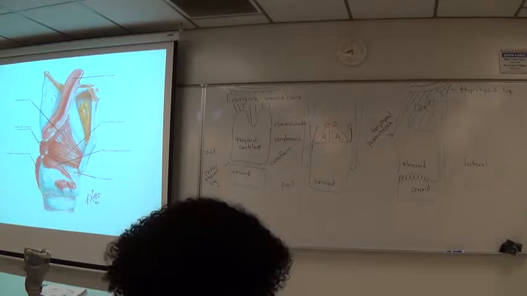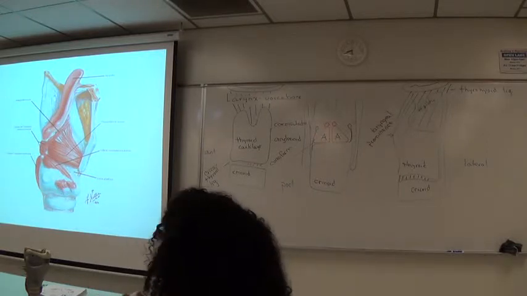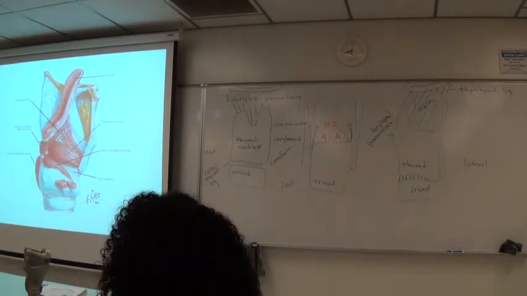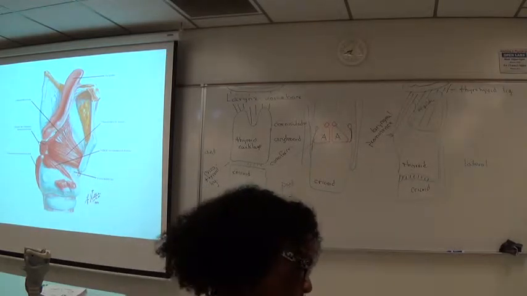Okay, so it goes from the cricoid cartilage to the thyroid, and its function is to tilt the thyroid, the larynx, forward.